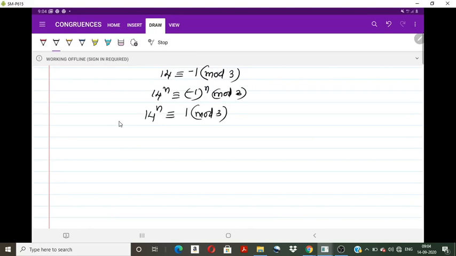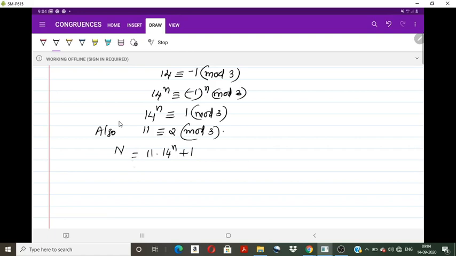Now 11 also, 11 is congruent to what? 9 is a multiple of 3, so 11 is congruent to 2 modulo 3. So N is equal to 11 into 14 raised to n plus 1.